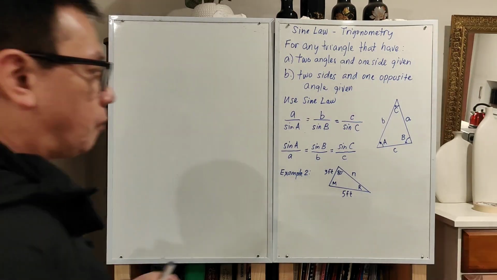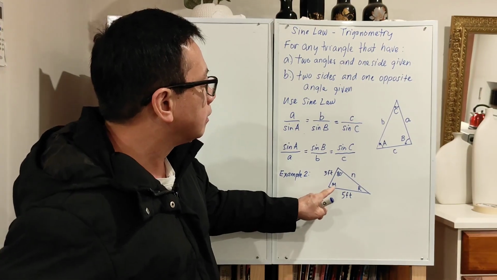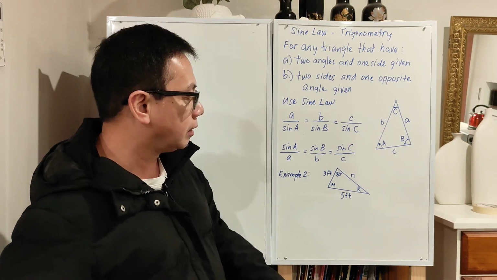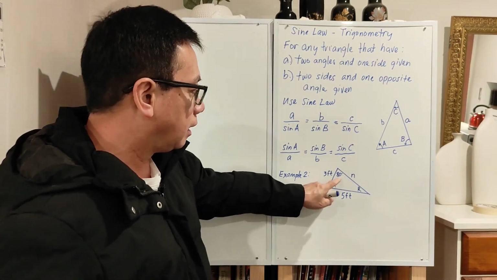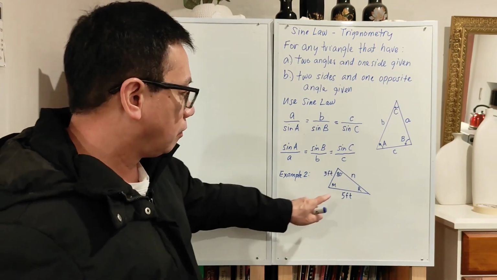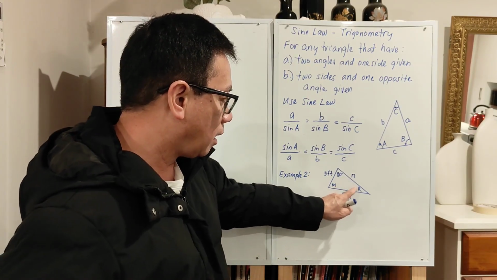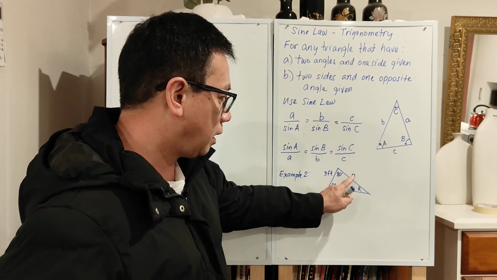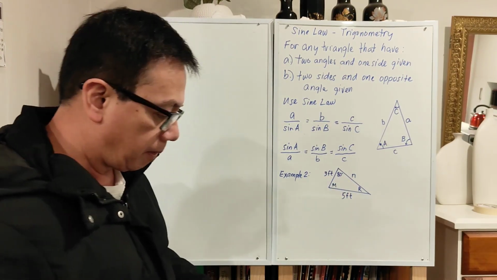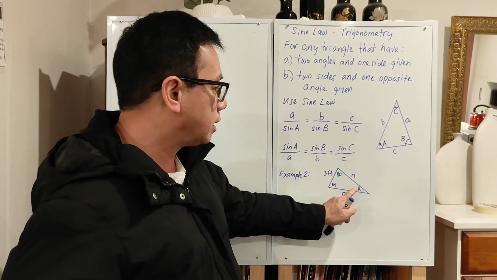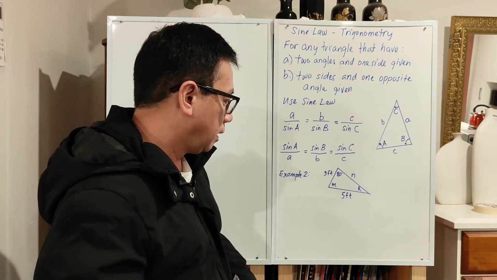Example 2, we have a triangle with 3 feet on one side, 5 feet on one side, and 80 degrees opposite the 5 feet side. We have angle M, angle R, and side n. So we will be looking for these three variables. Well, let's start with angle R. R is opposite 3 feet.